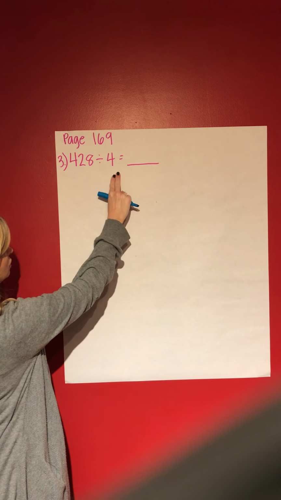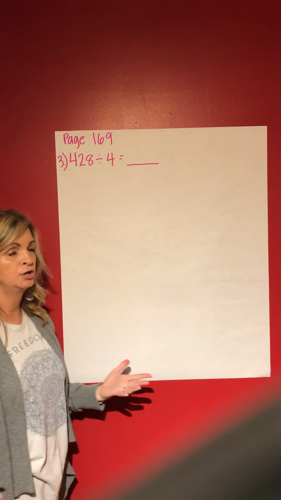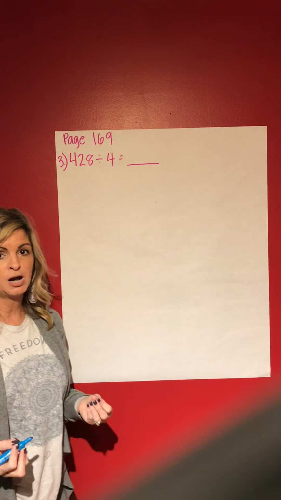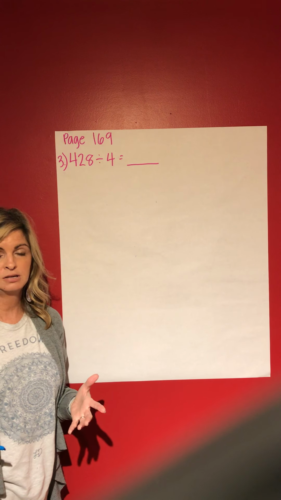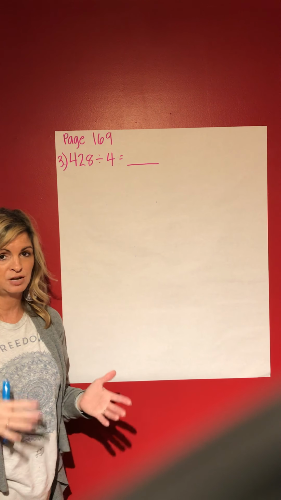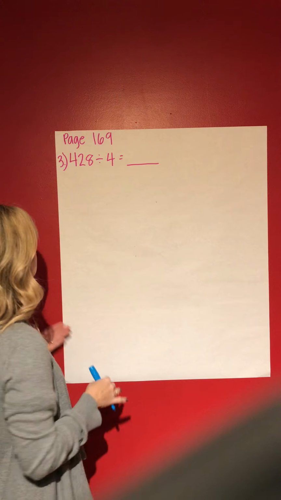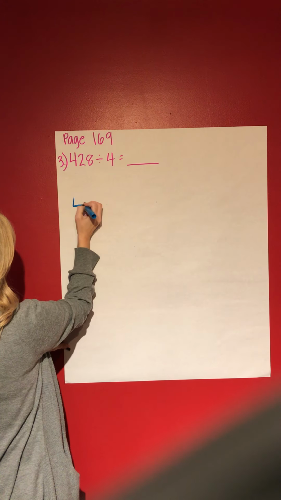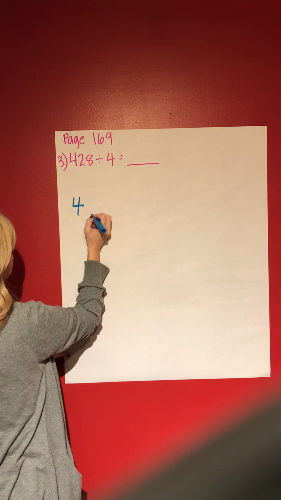428 divided by 4 equals what? That's our unknown. And so the way that I'm gonna do this problem, if I'm using the rectangular model or area model to find my partial quotients, is I'm gonna write my problem out like this. My divisor is 4. This is what I'm dividing by.